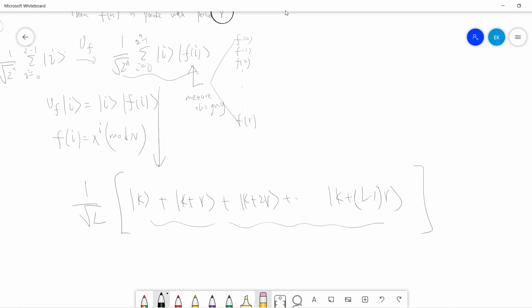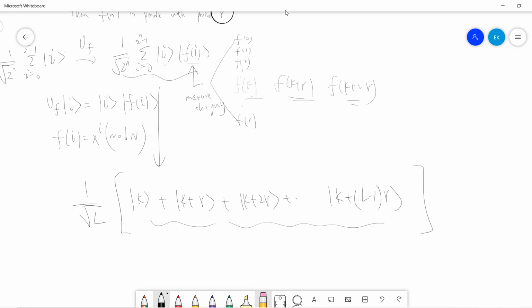This means that suppose you get k. You may get f of k, f of k plus r, f of k plus 2r, because all of these f have the same value, and then you measure this, so the rest will be k. The rest of this first register will be k plus r, k plus 2r, up to k plus (L minus 1)r.